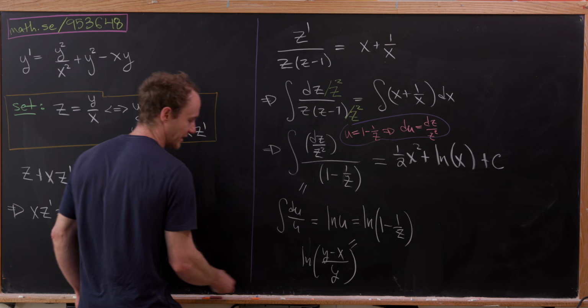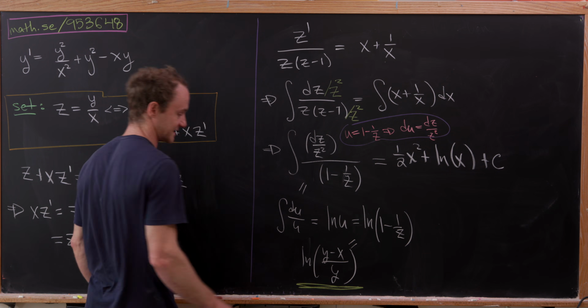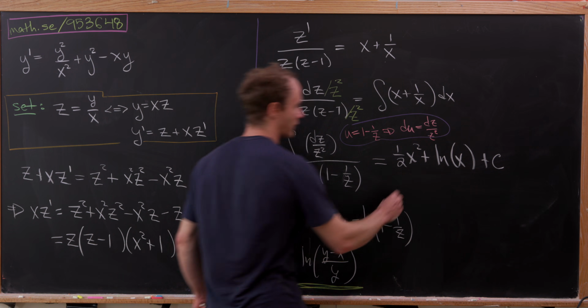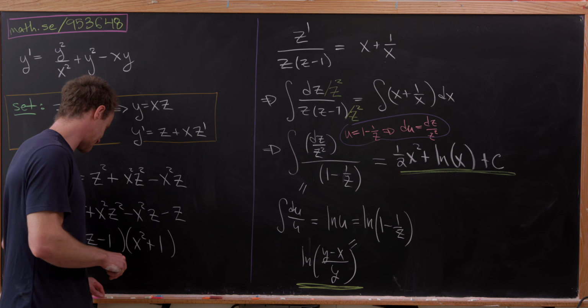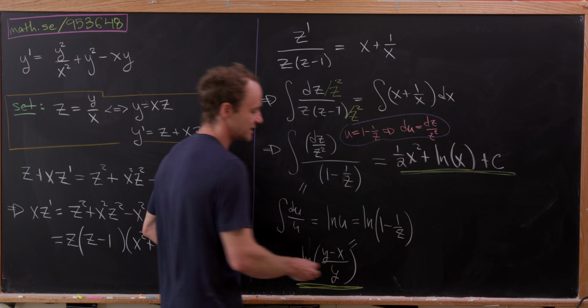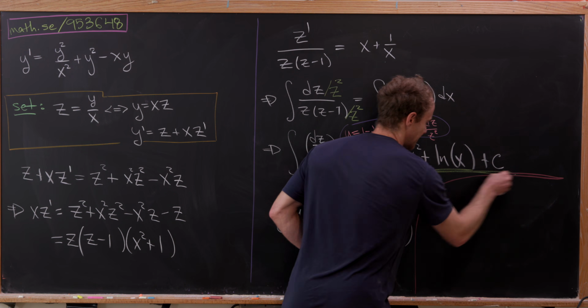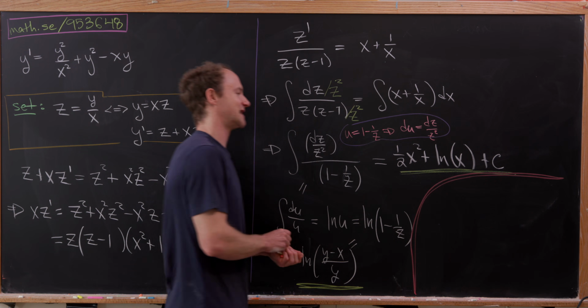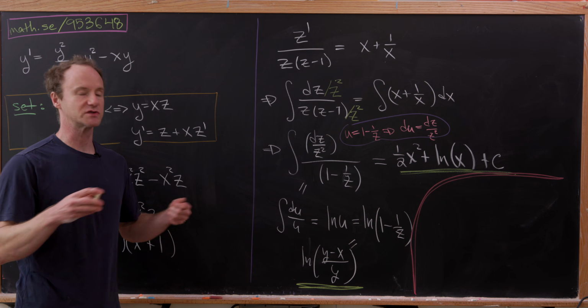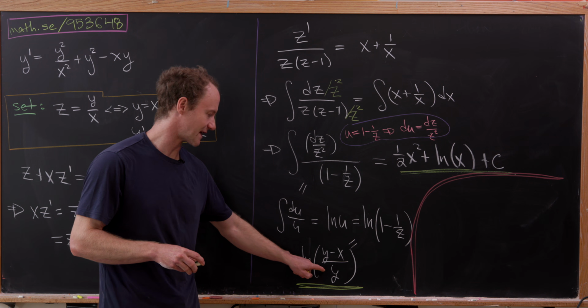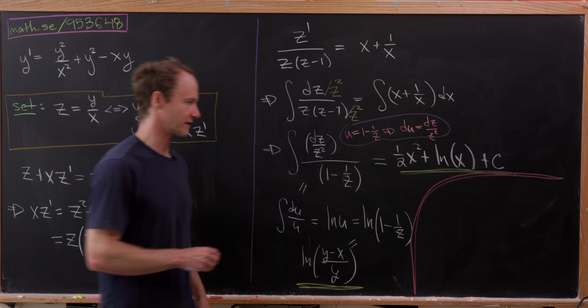Okay, so, but now we've got this term, this natural log of y minus x over y equals this whole term over here, this half x squared plus natural log of x. So what I'll do at this stage is I'll subtract this natural log of x to the left-hand side of the equation, and then use logarithm rules to bring this x inside the logarithm, and it'll be in the denominator.